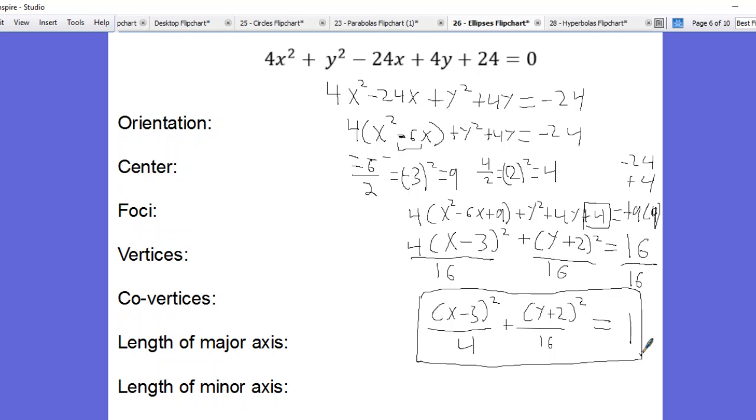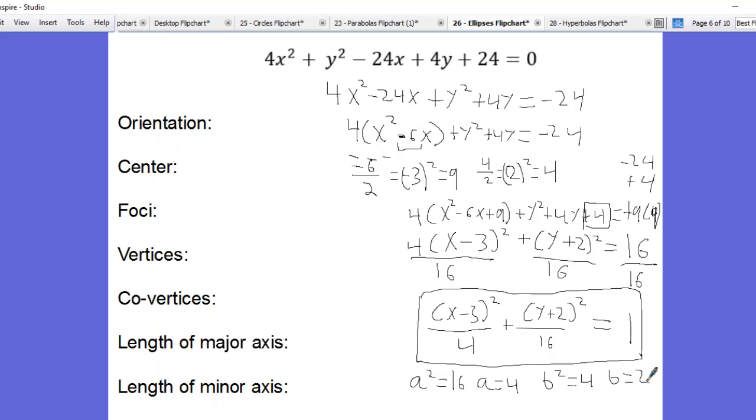Now, a squared is always the larger denominator. So a squared is equal to 16, which means a is equal to 4, because the square root of 16 is 4. And b squared is equal to 4, which means b is equal to 2.